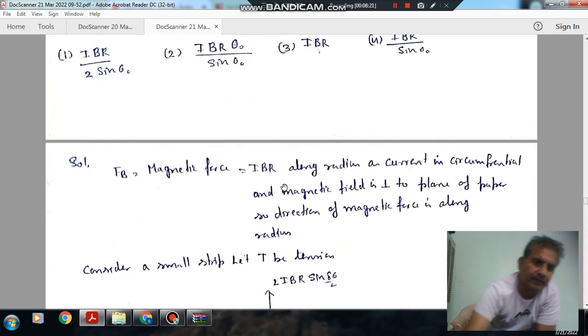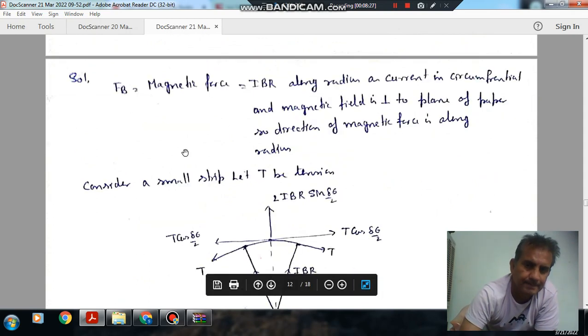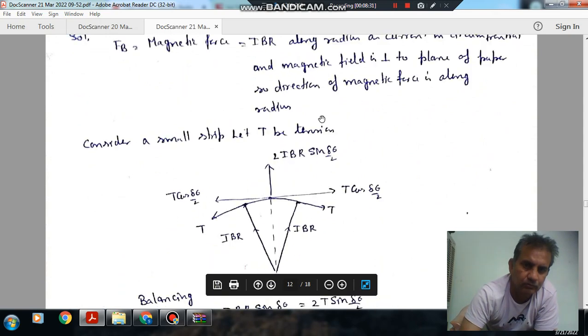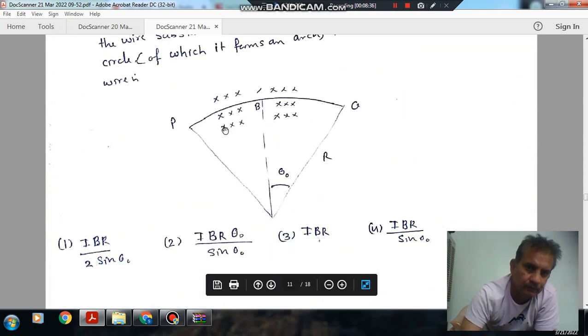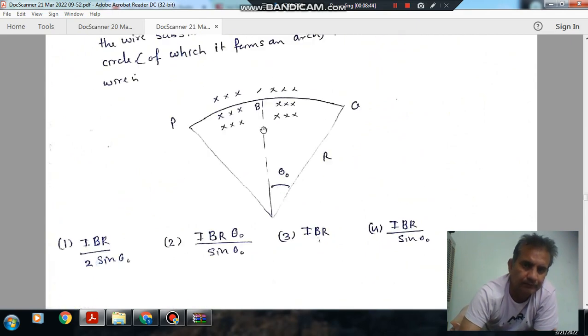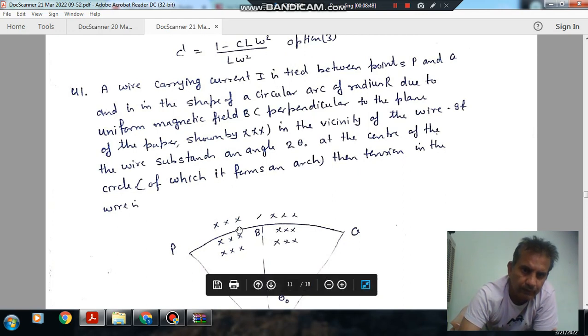The magnetic force is given by IBR, and its direction is shown, when it is subjected to the magnetic field. Because this is a magnetic field into the paper, and I is the current flowing in this direction.